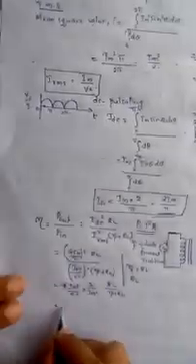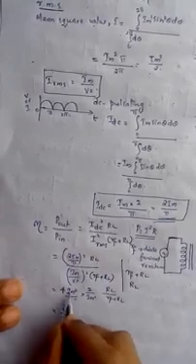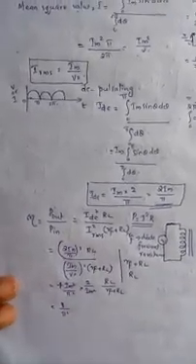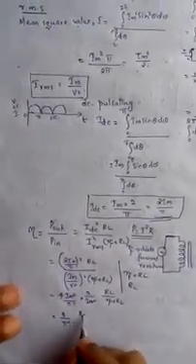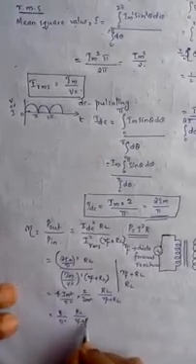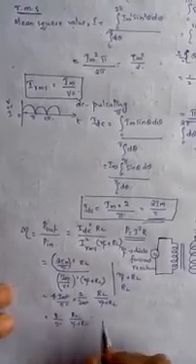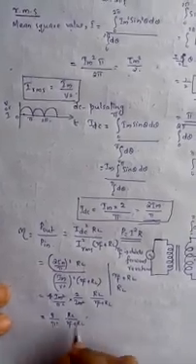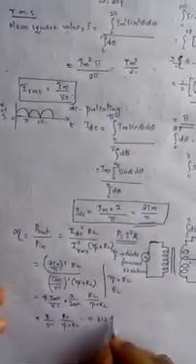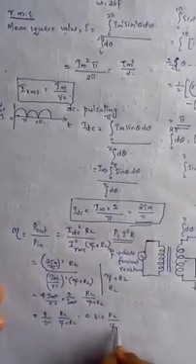Im square and Im square cancel each other, so that is equal to 8 divided by pi square into RL divided by RF plus RL. Evaluating 8 by pi square, the value is 0.812. So 0.812 into RL by RF plus RL.